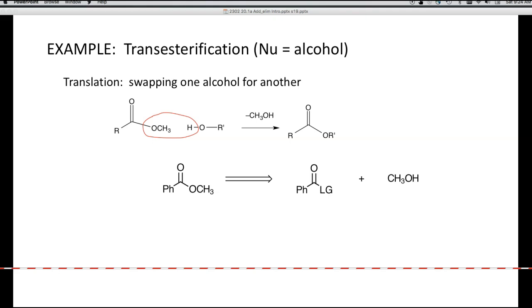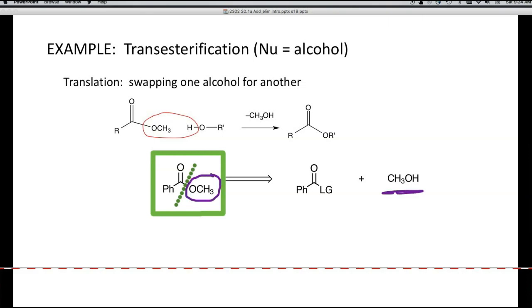But basically what I want you to focus on is for transesterification, or pretty much for any ester, what you can think of synthetically, if you have an ester or a carboxylic acid derivative, is how there is a logical disconnection, where I can add this as a nucleophile to some carboxylic acid derivative that has a leaving group that wants to be kicked out. We'll have much more on this in this next mini lecture.